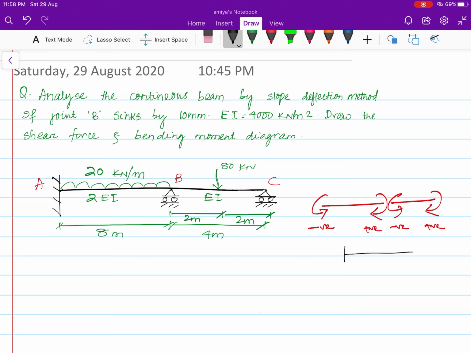If this is my fixed end and the load is applied like this, it is going to deflect like this, so the moment will be generated like this at A and here at B. Similarly here and here. This is how the moments are produced due to our external applied load. So first we are going to calculate the fixed end moment.